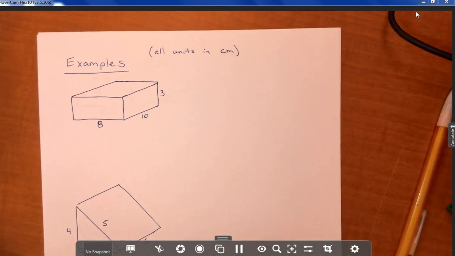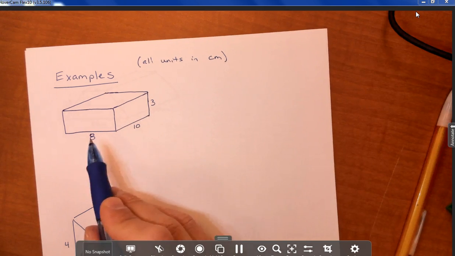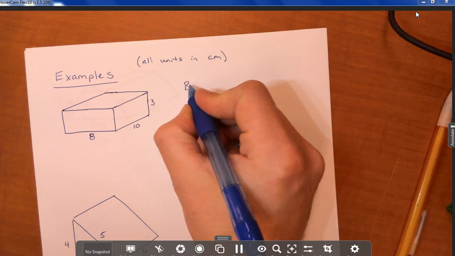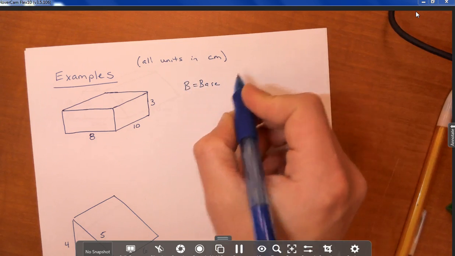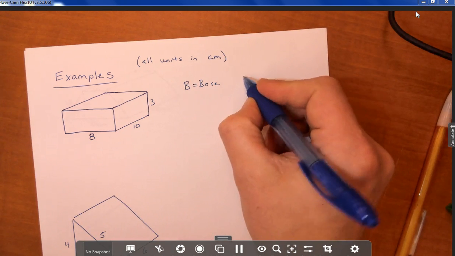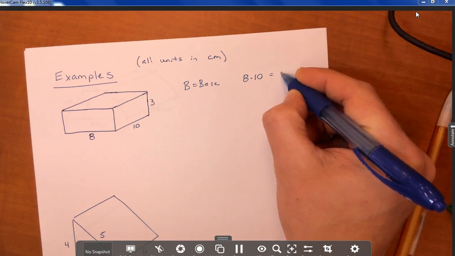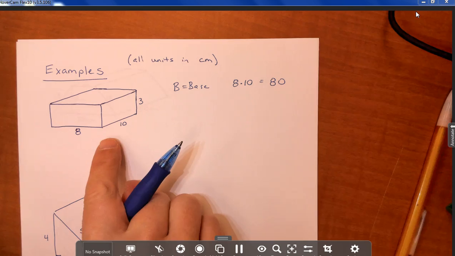We're going to calculate the area of the base, and then the total surface area, and the volume for each of these. With a rectangular prism, I would just say the side that it's sitting on is the base. So capital B is going to be the base of the prism, and it's a rectangle, so it's just length times width, 8 times 10, which is 80. Now, there are two of those, right?